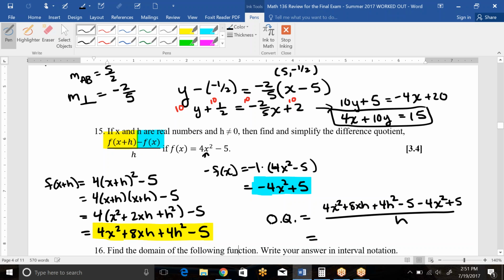Now there should be some things that cancel out. So we have the 4x squareds are gone, the negative 5 and positive 5 are gone. This is 8xh plus 4h squared over h. And if we pull an h out of the top, it will cancel with the h on the bottom. So the final thing reduces down to 8x plus 4h.